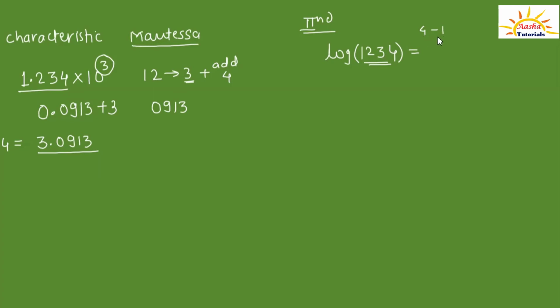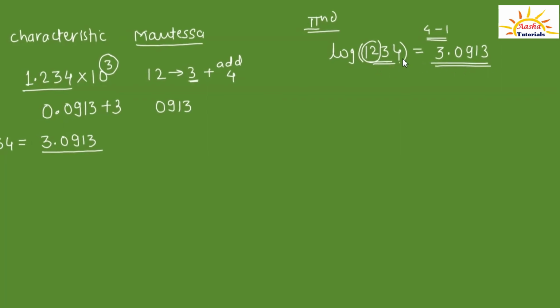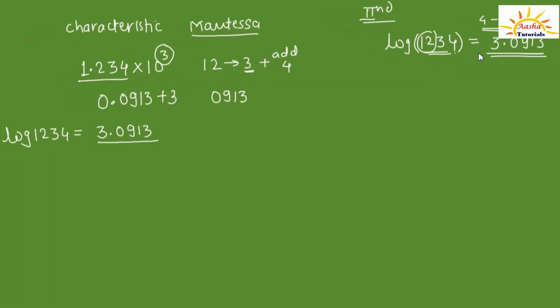If I subtract 1 from 4, I get the characteristic value, that is 3. Then I write the decimal point, and I just need to find the log of 12 in the third and fourth columns, which we already found, that is 0913. So directly we get the log of 1234. This is another method.